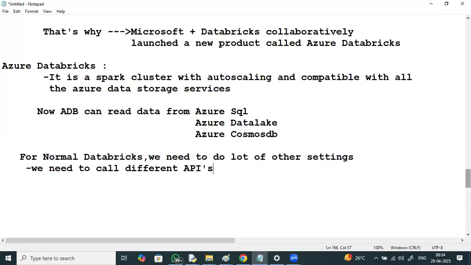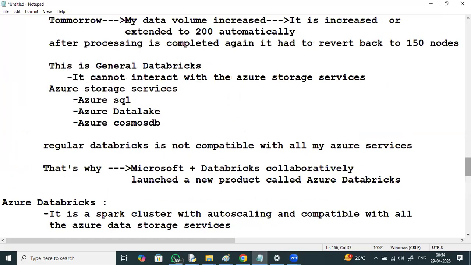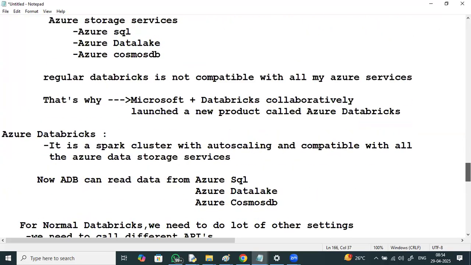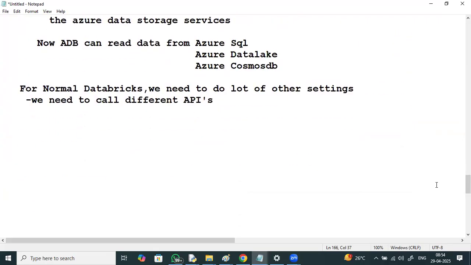Sir, you said that under the driver node there are so many worker nodes, for example 200 worker nodes. See, a cluster is a group of nodes, a group of systems connected in a network.